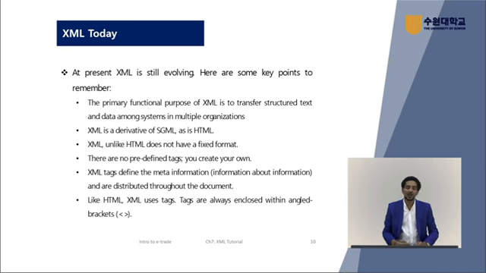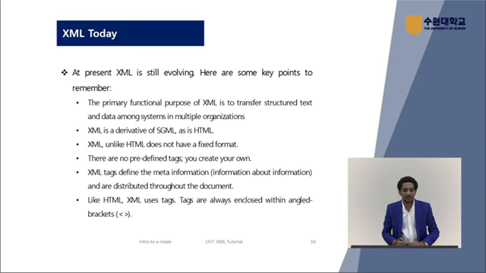So how about XML today? Before this, there is a history about XML that I just skipped because I don't think that is very important for our tutorial. But as I have already mentioned, the evolution is we have HTML first in the 1990s, then we have HTML2, HTML3, HTML4, and we have XHTML, then we have XML, then we have HTML5, which also incorporates the basic functionalities of XML, right?